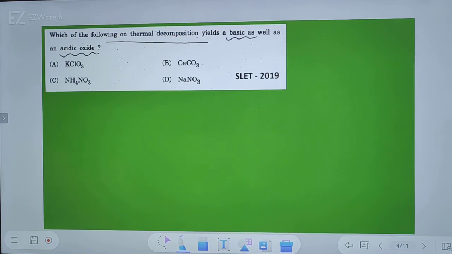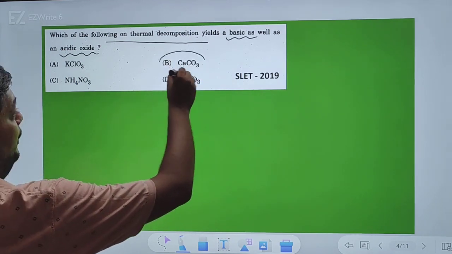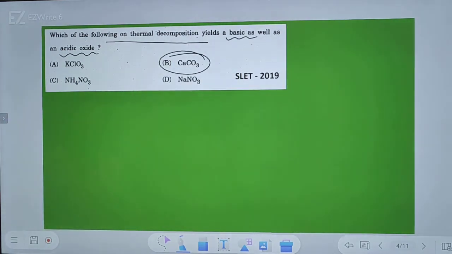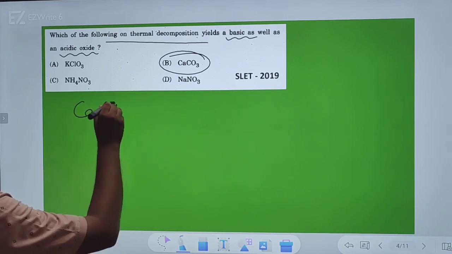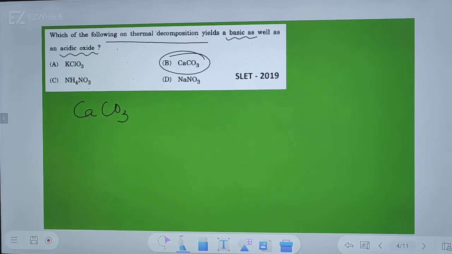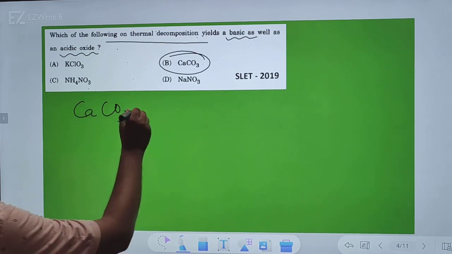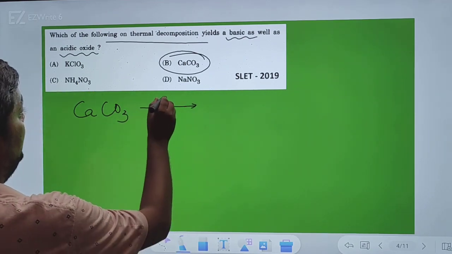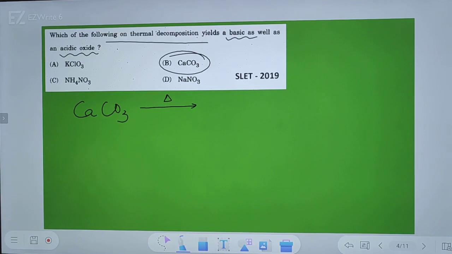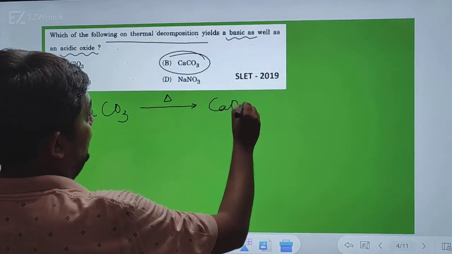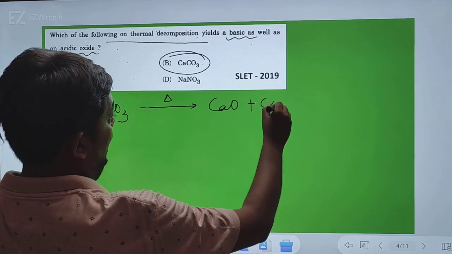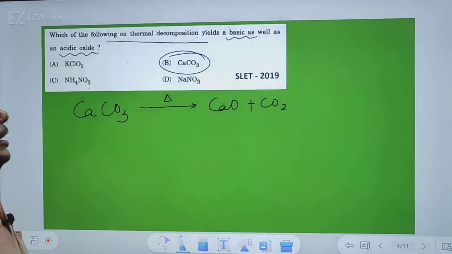If I look into this question very well and I keep my focus on calcium carbonate, I will get a very simple answer if we think properly. Calcium carbonate, when thermally decomposed, thermal stands for heat, dear friends, it will always end as calcium oxide plus carbon dioxide.